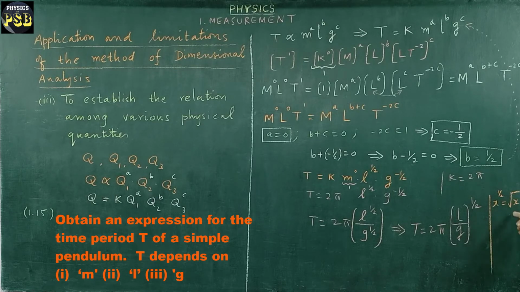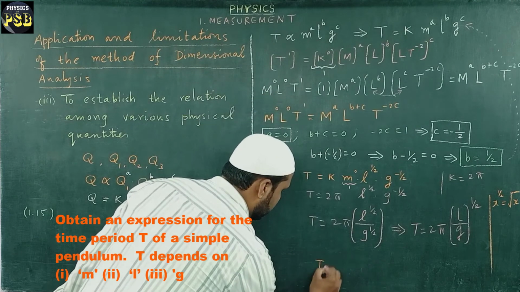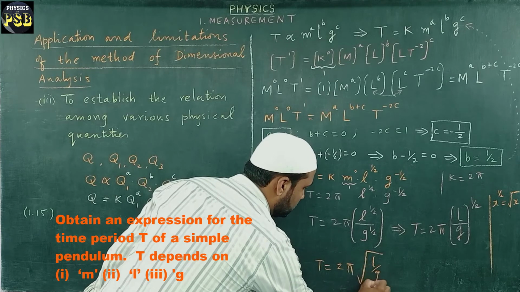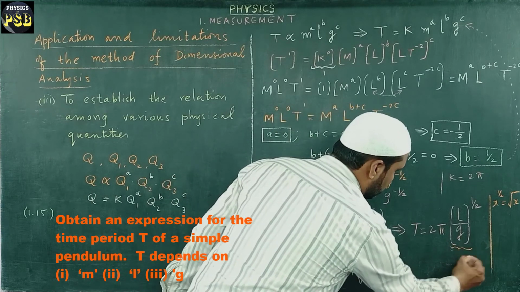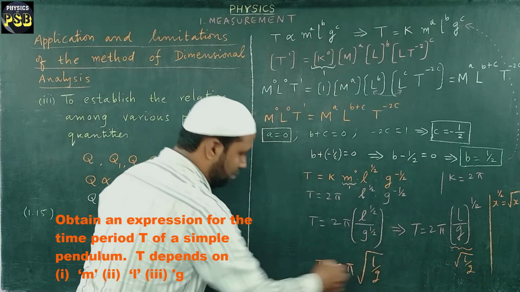So x power half is root of x. Then (L divided by G) to the power half is nothing but root of L by G. So this can be written as T equals 2 pi root of L upon G. This way we have obtained this equation.